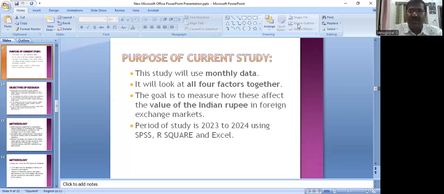The data has been taken monthly and it has been averaged, sir. So we will take year-wise, month-wise data for 2 years, and it has been studied over a period of 2 years using SPSS and R square models, and Excel has been used as a tool for this research.